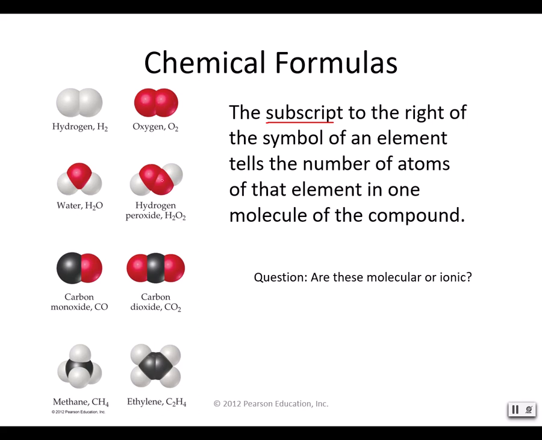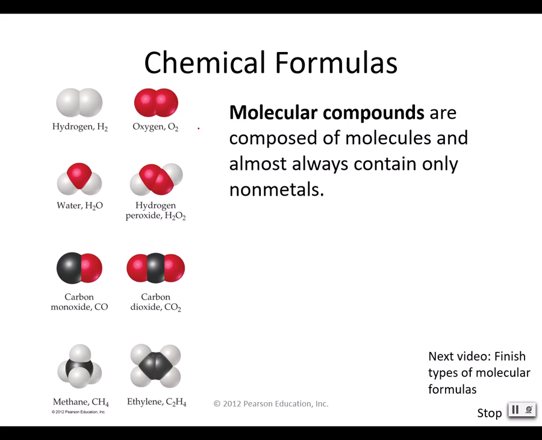All of these, hopefully you could have identified with my question here, all of these molecules that I have given you examples of, these are all molecular compounds. They're molecular because they only involve nonmetals, which is what I've got the answer here too. We're going to talk a lot about ionic compounds and how to put those ions together to form molecules.